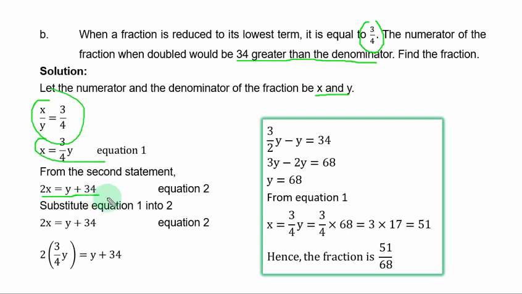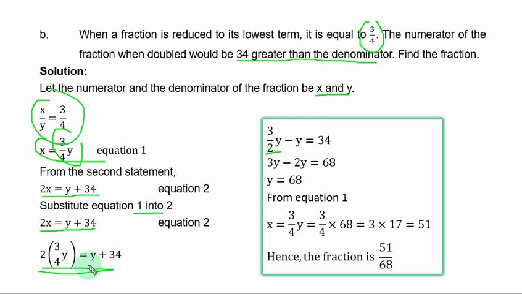To continue, you can put equation 1 into equation 2. If you replace s with 3 over 4 y, you have it in this form. If you reduce 2 and 4 by 2, you have 3 over 2 y.